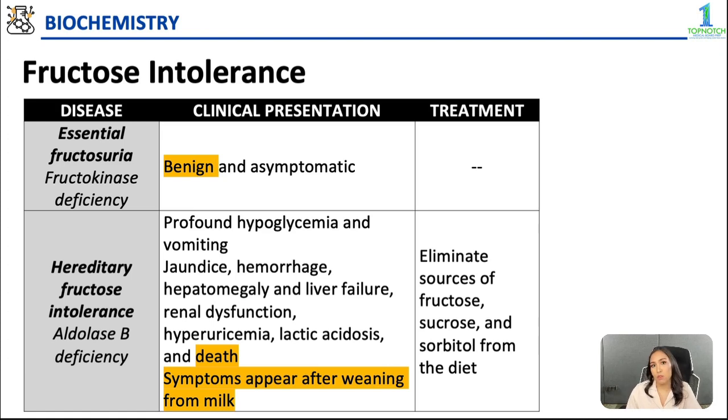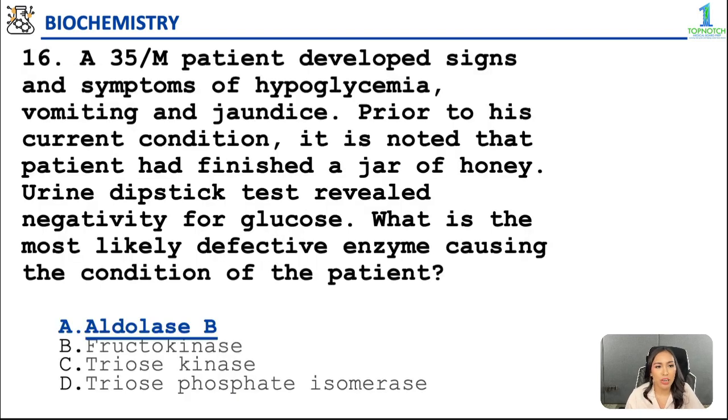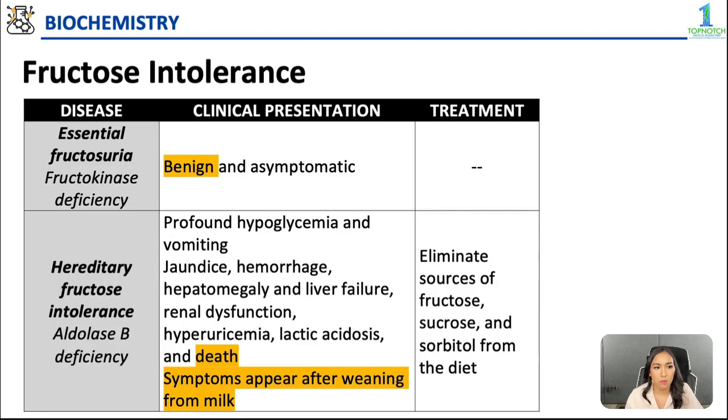And often, symptoms appear after weaning from milk. So, in our case, medyo toxic. Balikan natin. O, tingnan mo. Hypoglycemia, vomiting, jaundice. So, pipili ka, is this essential fructosuria or hereditary fructose intolerance? Considering na toxic, this is probably hereditary fructose intolerance. Therefore, the correct answer is aldolase B.